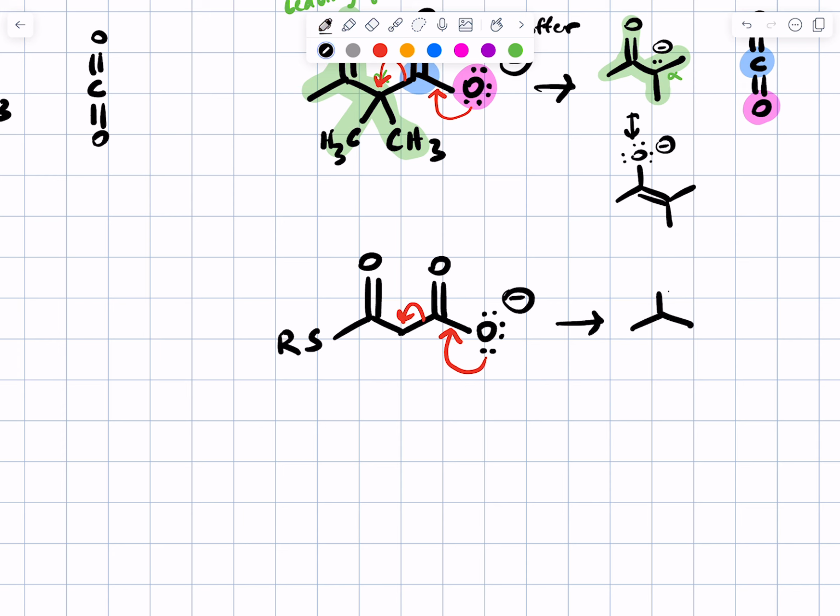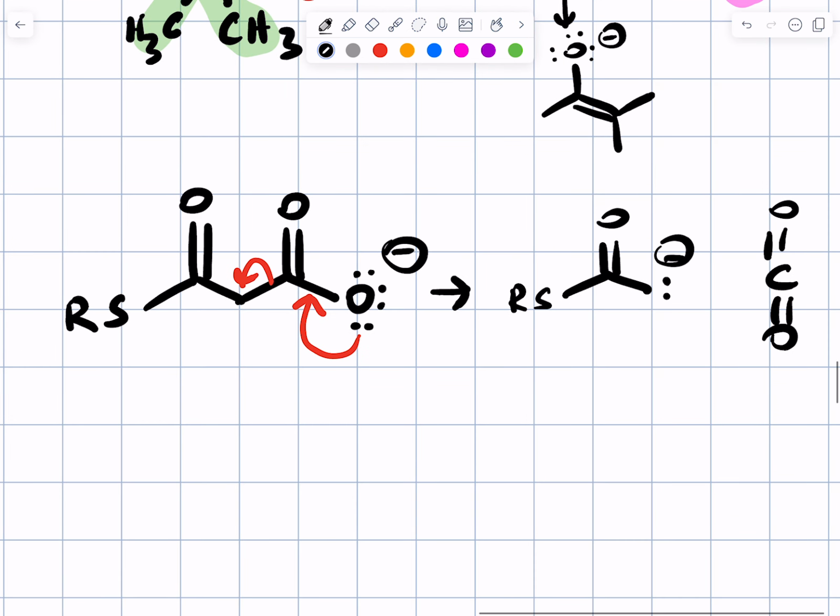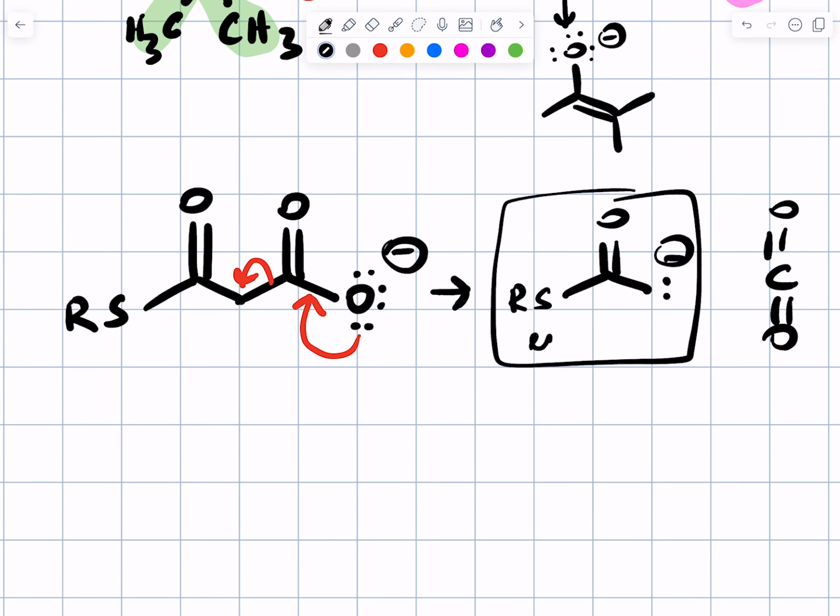The resulting enolate is a thioester enolate, and you lose CO2. I'm sorry I didn't give myself enough space there. And then biology uses the resulting enolate as a nucleophile in a subsequent reaction. I am dying to tell you what that reaction is, but I'm going to force myself to wait.